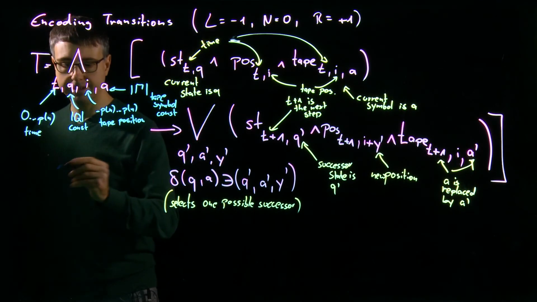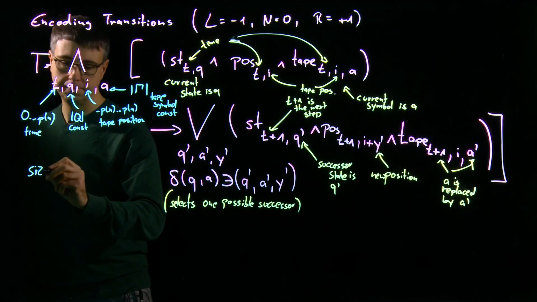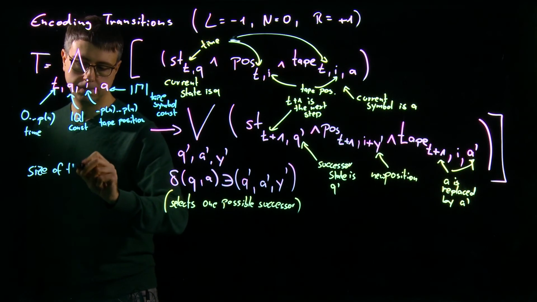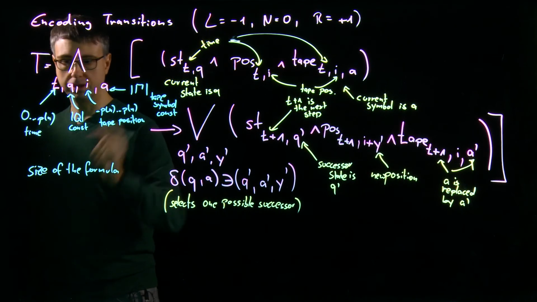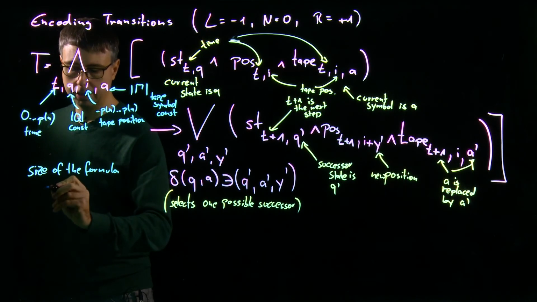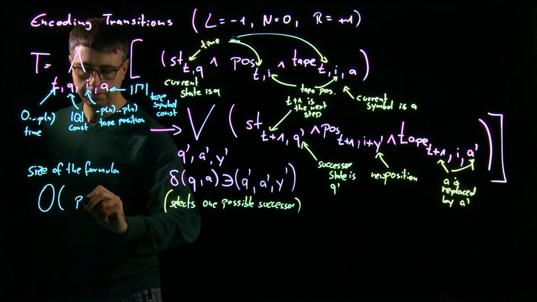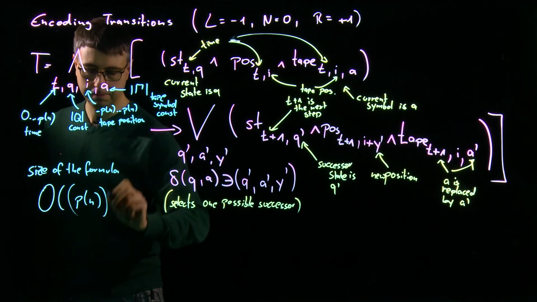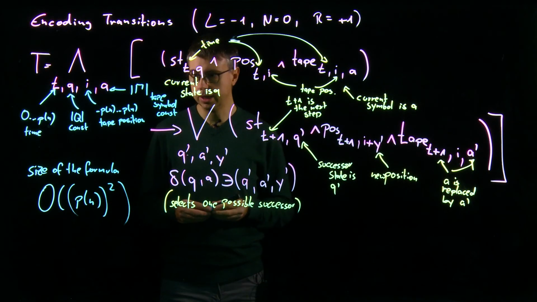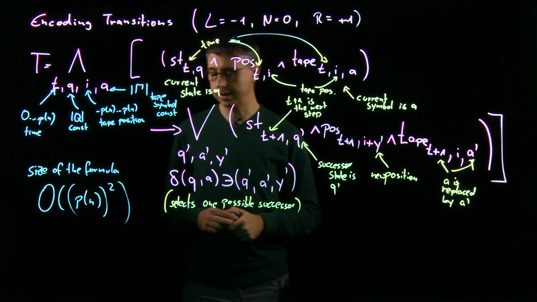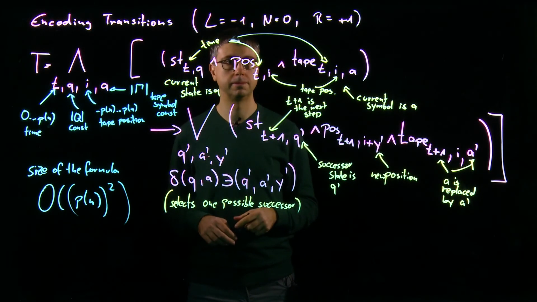So as they are nested, we consider all the possible pairs. So the size of the formula is in O of p of n squared, because of these two. So this subformula is in this order.